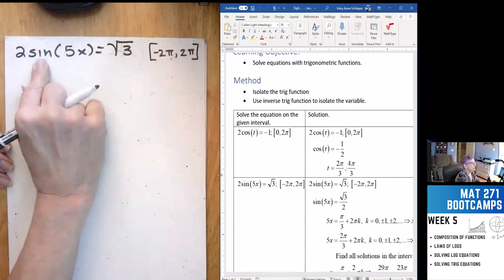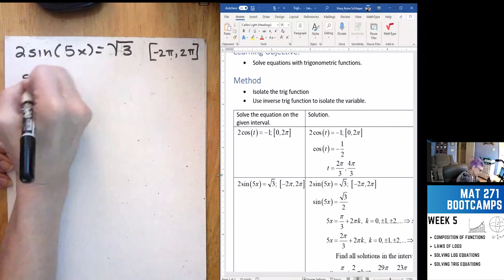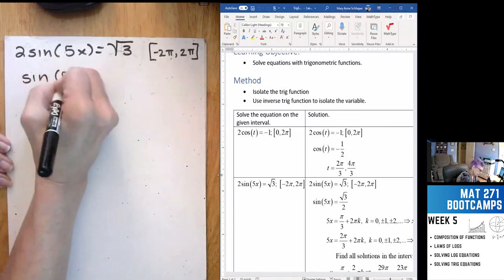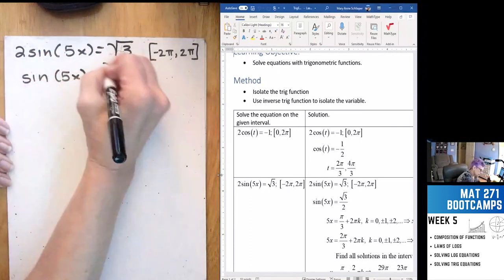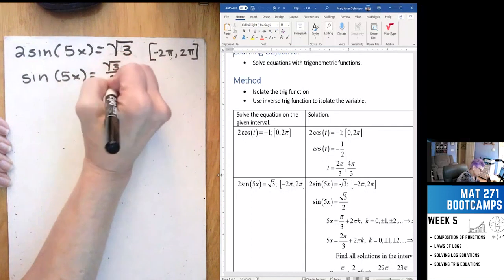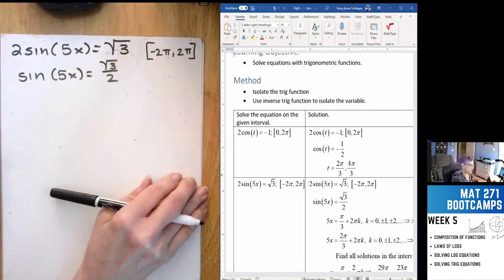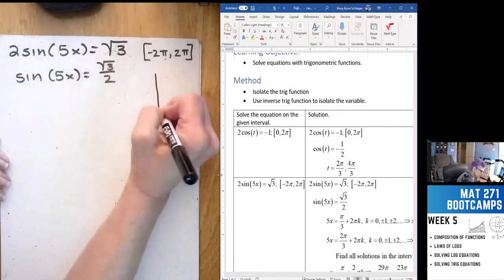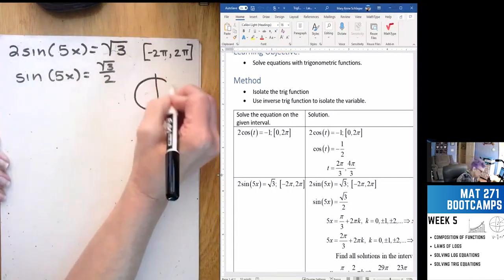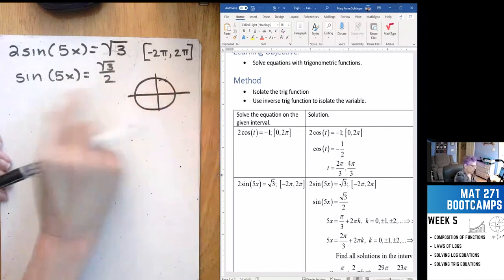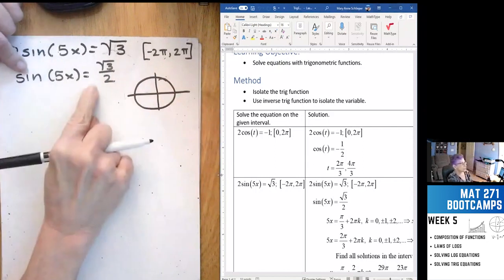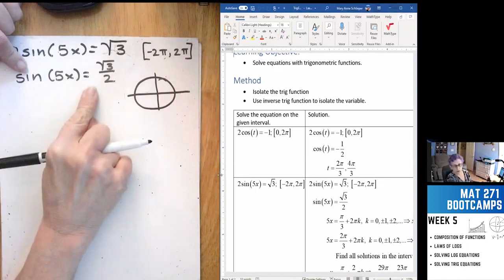So I'm going to isolate my trig function. So now I think about my unit circle again. Sine is equal to square root of 3 over 2.